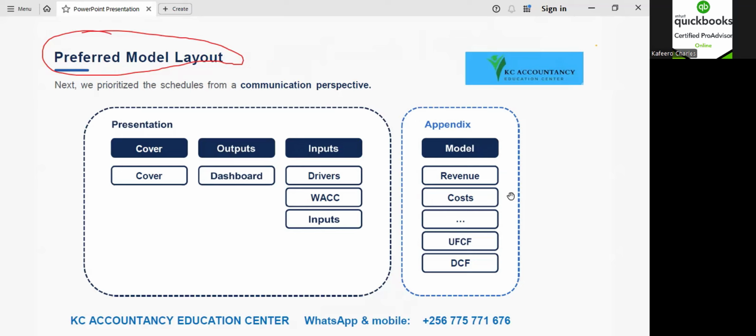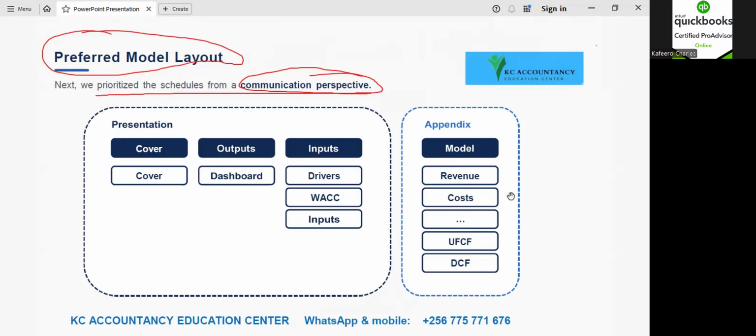But now we want to talk about the idea of prioritizing all of the schedules from a communication perspective. We want to be able to present the financial model or the financial schedules in the right order to the audience.